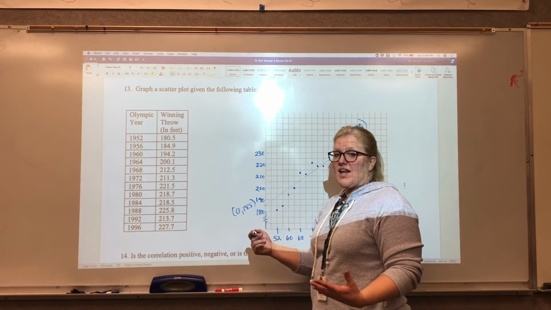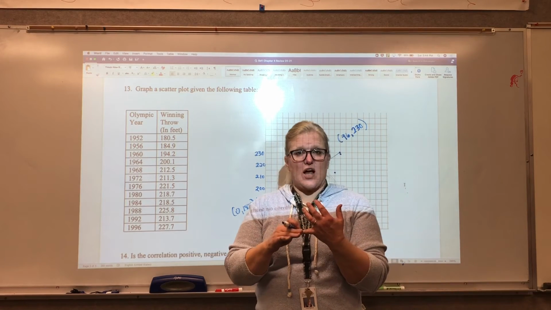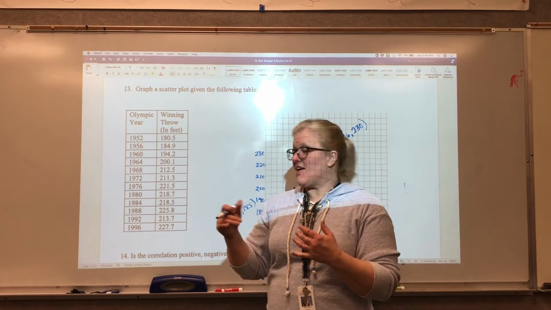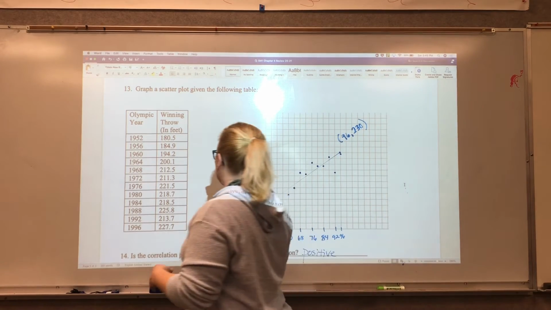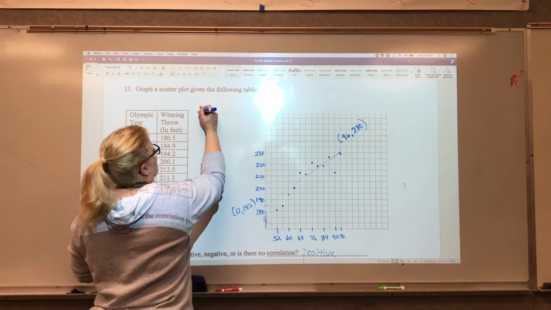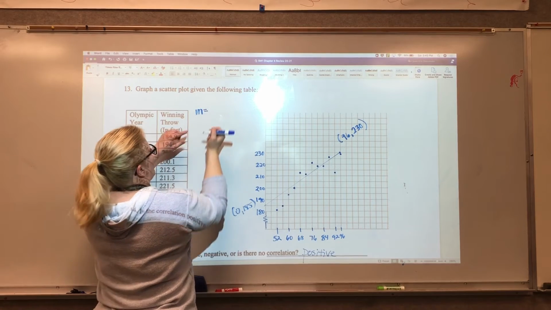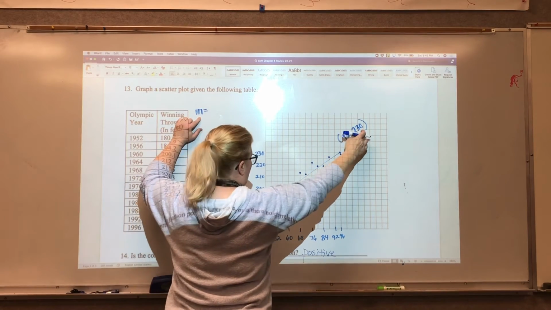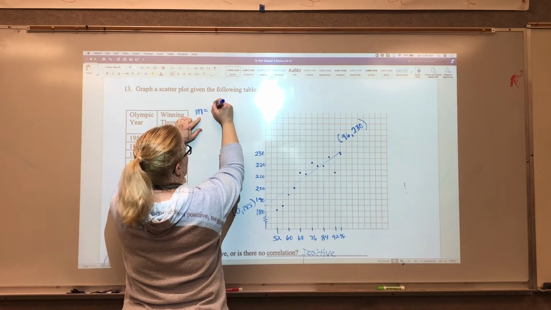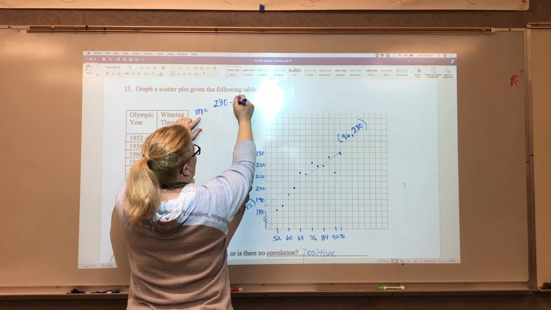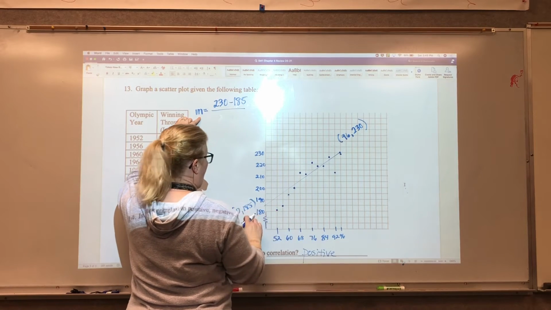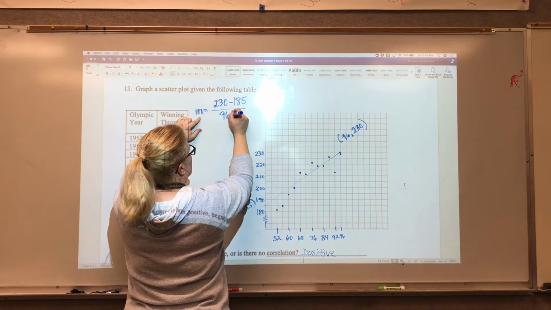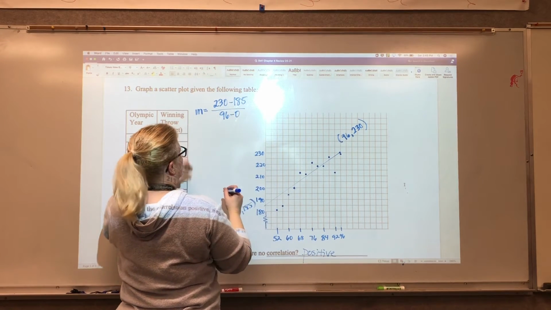Okay, so now what I need to do is I have to figure out the slope first, and then I've got the y-intercept, so I can put it into slope-intercept form. So my slope is y minus y, so I'm going to do 230 minus 185 over x minus x, 96 minus 0.